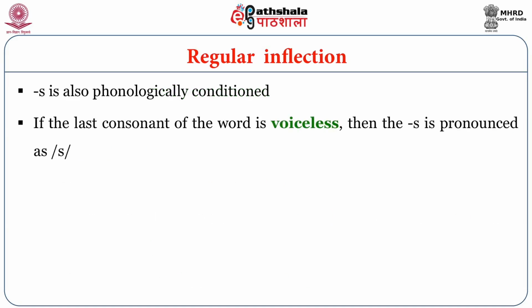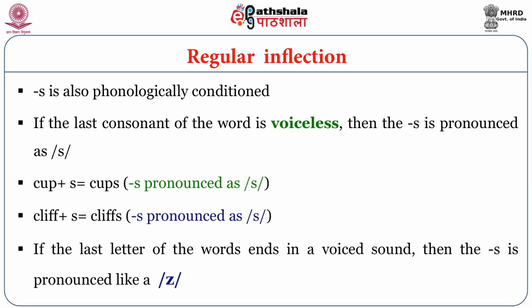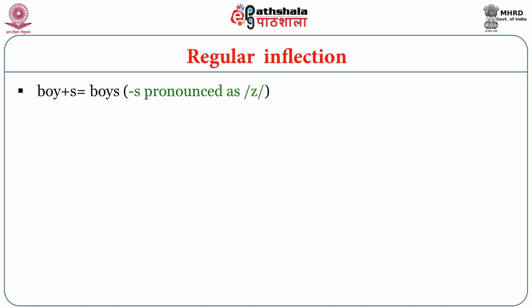S is also phonologically conditioned. If the last consonant of the word is voiceless, then the S is pronounced as s, like cups, cliffs. And if the word ends in a voiced sound, then the S is pronounced like a z, like boys, gems.